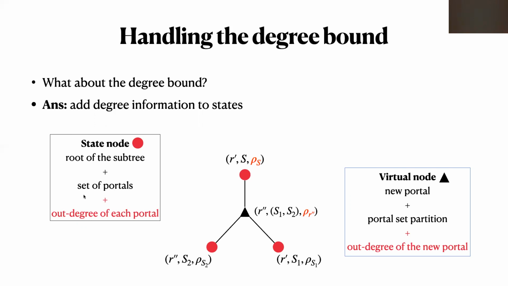These two are as before, and we also include the outer degree of each portal. And when we partition a state node, which means we create a virtual node, we need to specify the new portal and the portal set partition. These two are as before. And we also need to specify the outer degree of the new portal.